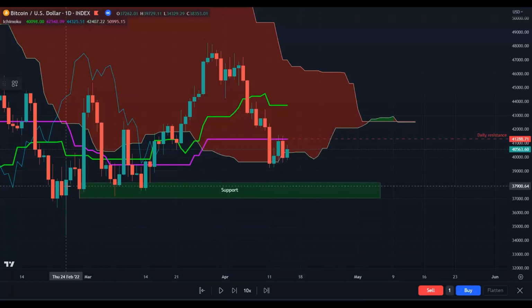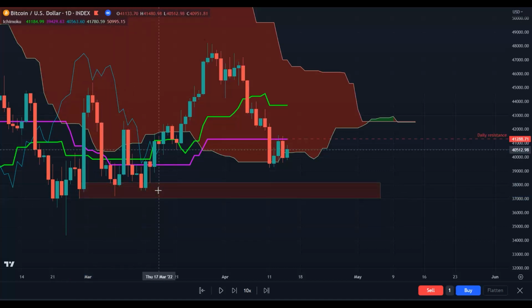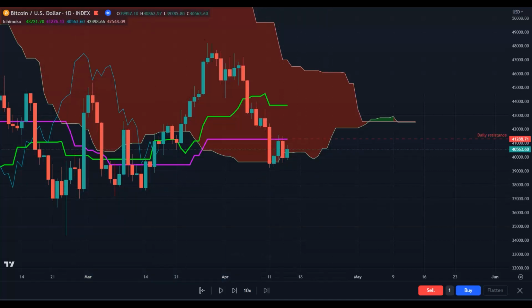If you check it here, there is a low here, low here, low here, and there's some kind of bullishness, some kind of support in this area as well. So I'm going to be careful. Okay, I'm opening a long position.